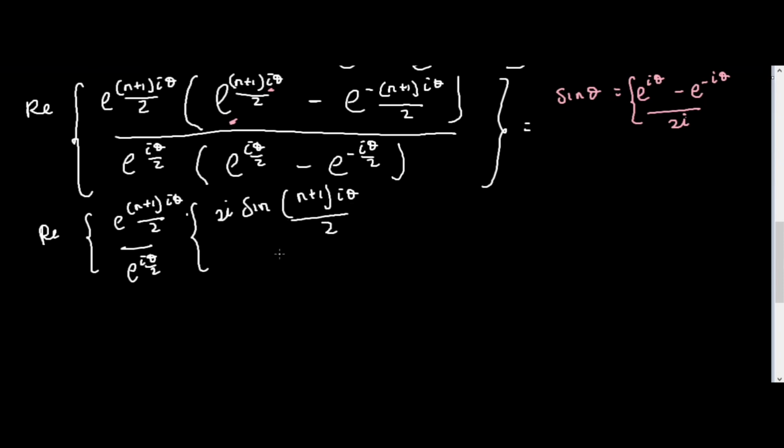Do you grab the idea now? Then over 2i, then sine θ over 2 basically. I won't even need to put my i here, because it's just sine θ. Let me take away the i. Sorry about that.